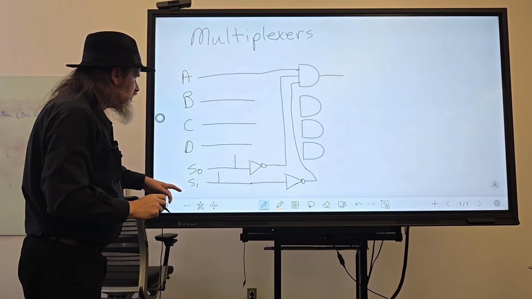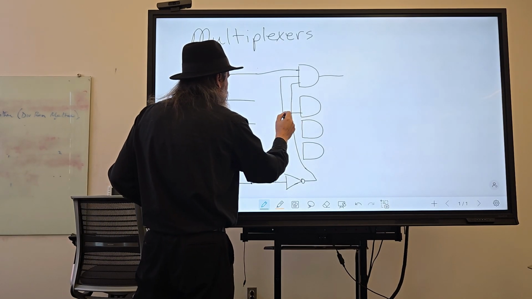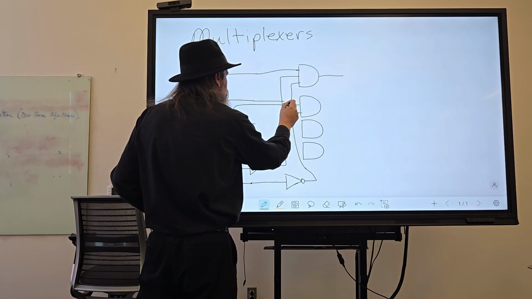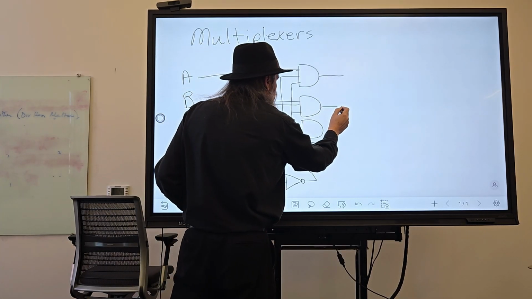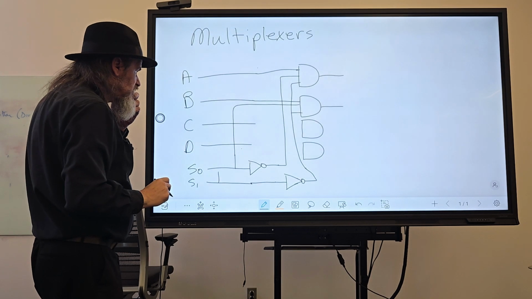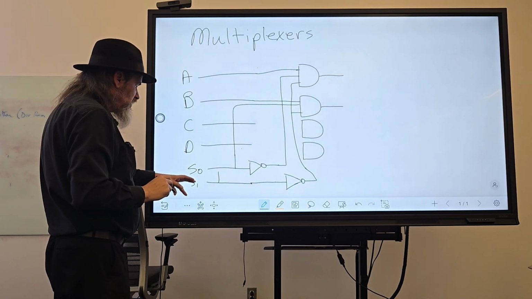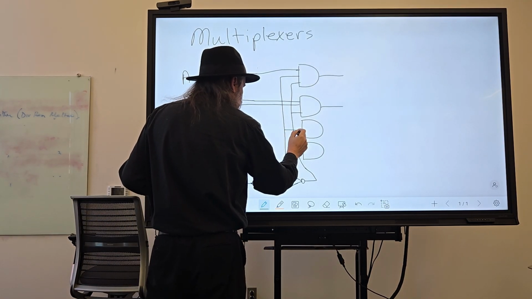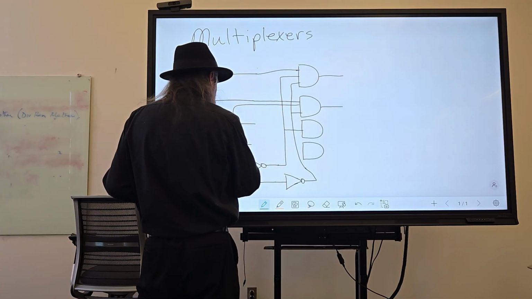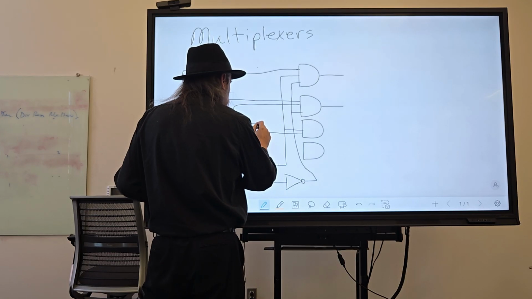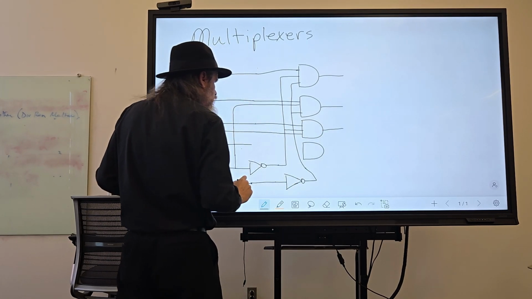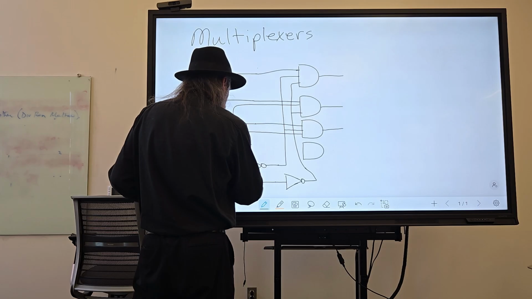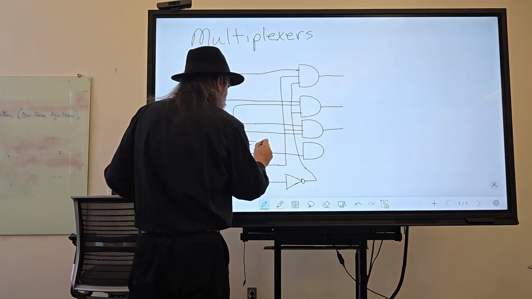So you would have 0 and 1. 1 and 0 for C. And then D would be 1 and 1.